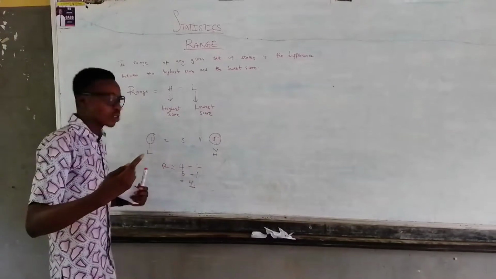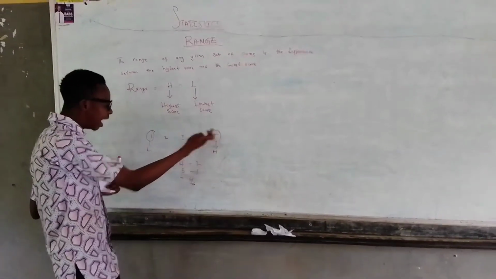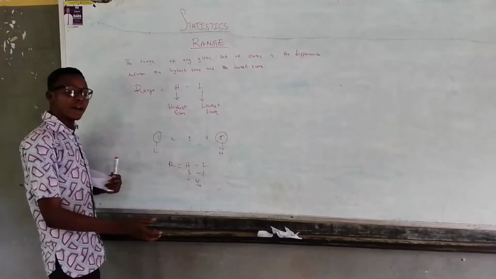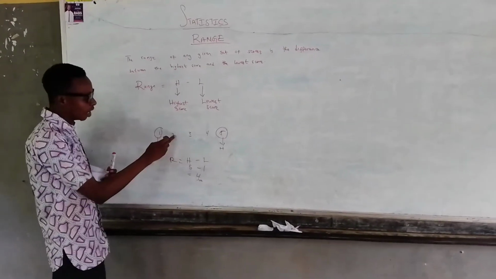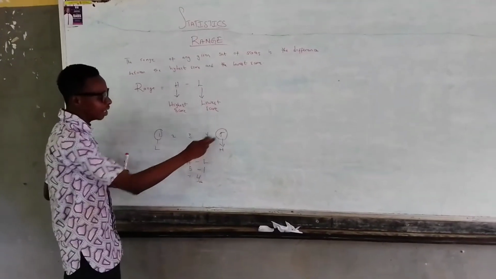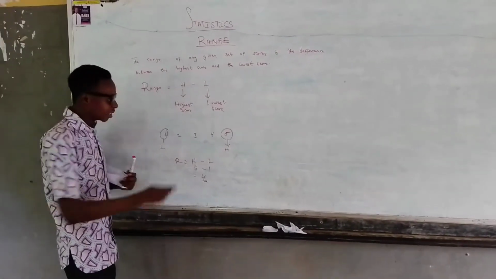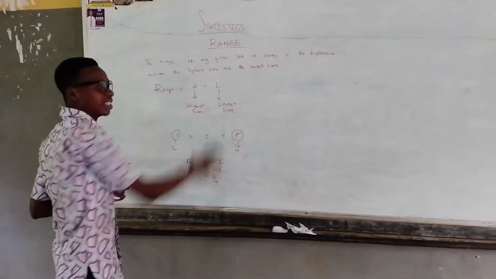Range tells us the distance between the highest and the lowest. Let's count: 1, 2, 3, and 4. So we count 4 numbers and we get 5. That is what range tells us about.